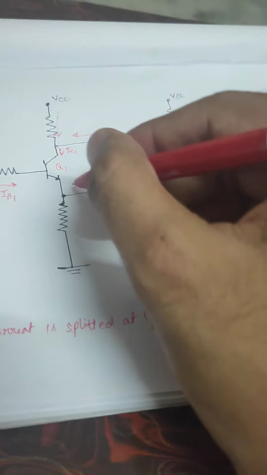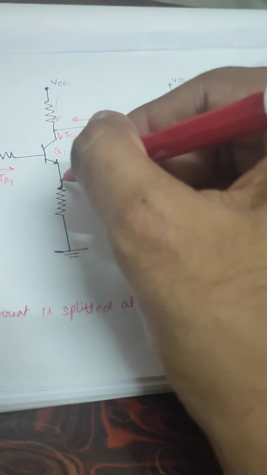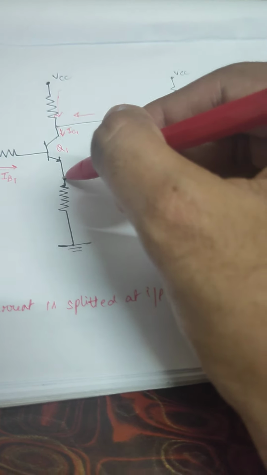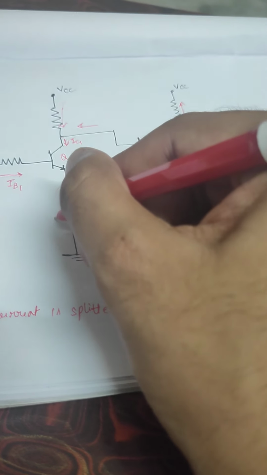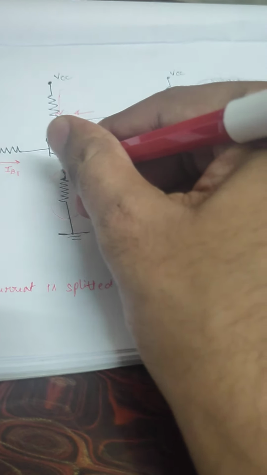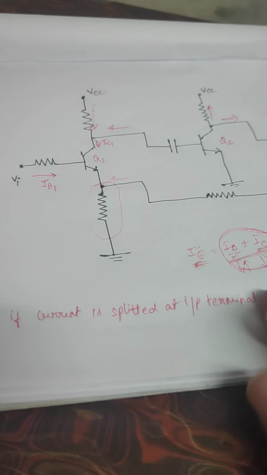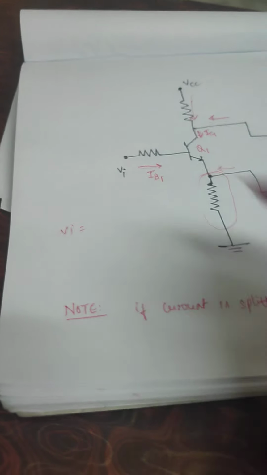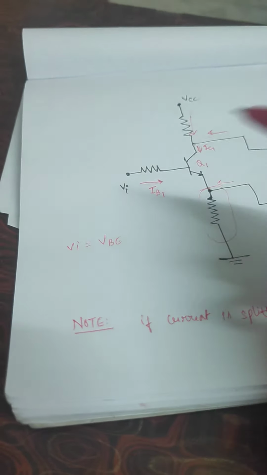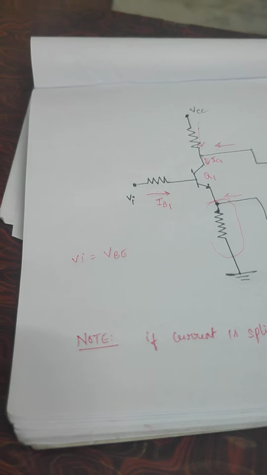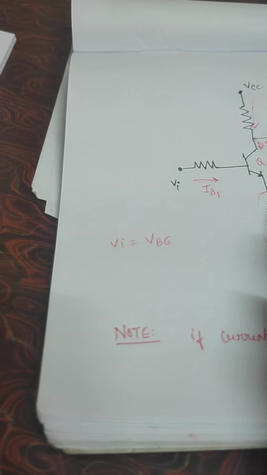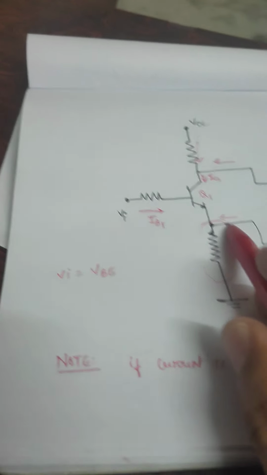If an outside current is going to enter the transistor Q1, a voltage drop is going to be created at the emitter terminal resistor. That means this resistor. Can I write it as VI is equal to VBE, and the drop will be of opposite polarity because the entering current happened here.